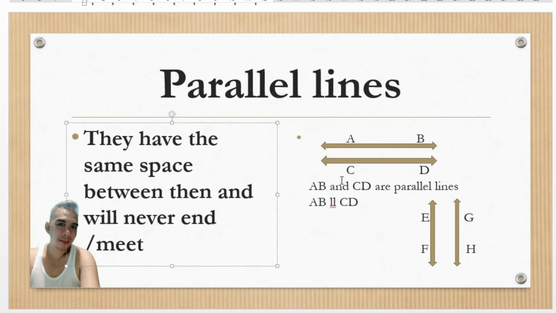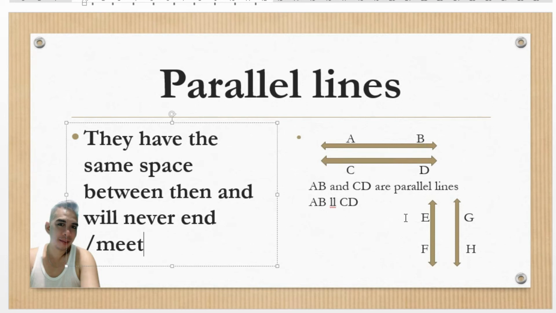Kasi, and this is the symbol, yung parang letter, dalawang guhit na patayo. So, pag binasa po natin to, line AB, so this is the line AB and the line CD, or AB parallel to line CD. So, same measurement po yun. Kung ilan po yung measurement ng isa, ganun din po dito sa pangalawa.